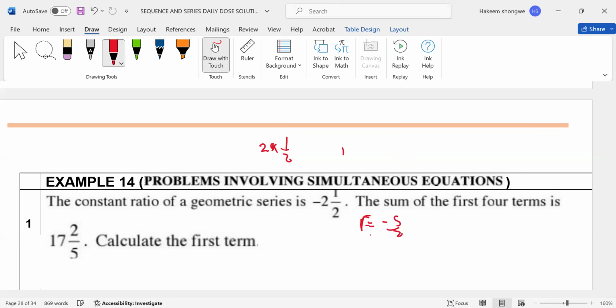The sum of the first 4 terms of this geometric series, they say it's equal to 17 and 5 all over 2. We can also change that one. Let's change that one.